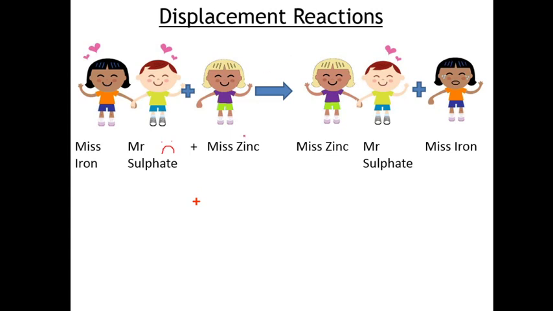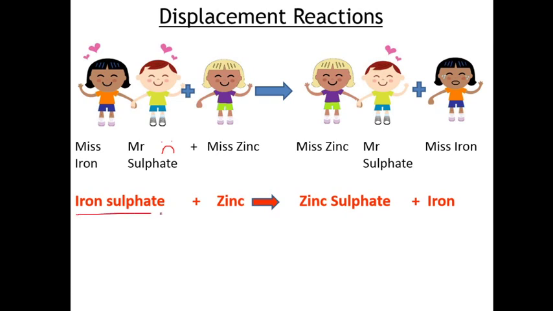And from this, we can actually put together a word equation. So iron sulfate plus zinc is going to make zinc sulfate and iron. Here we can see an ionic compound having the metal part of it, the iron, displaced by the other, more reactive metal part.